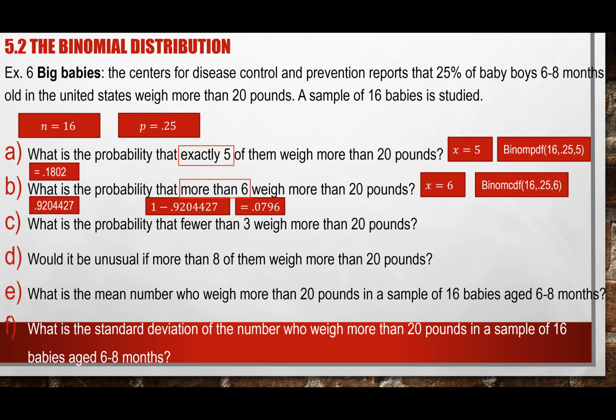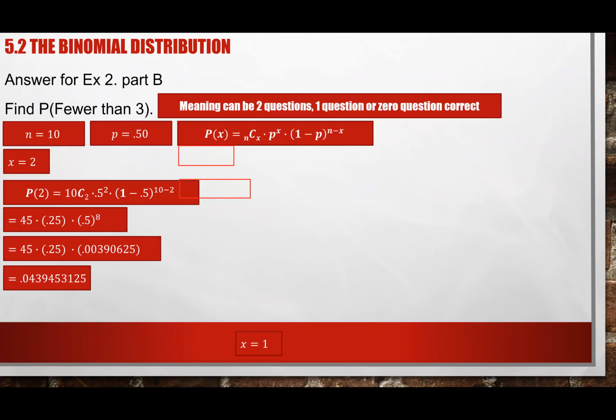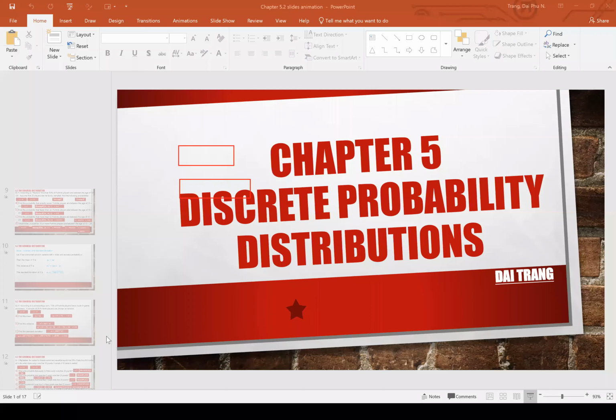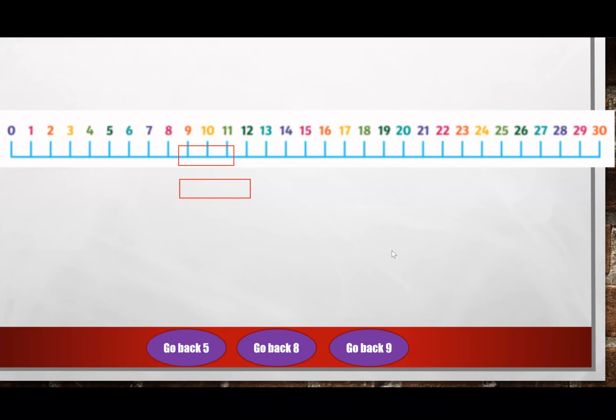Again, remember, more than 6, your calculator calculates... give me 1 second. Remember, more than 6.